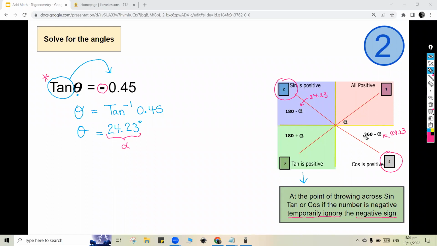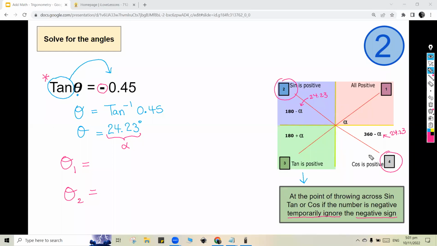And the second answer is 360 minus 24.23. And those two answers are the two final answers. The first answer, the alpha, is not one of the answers. You are just using him now to get the other two, the two real answers.